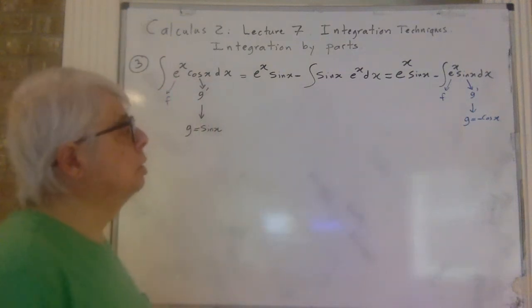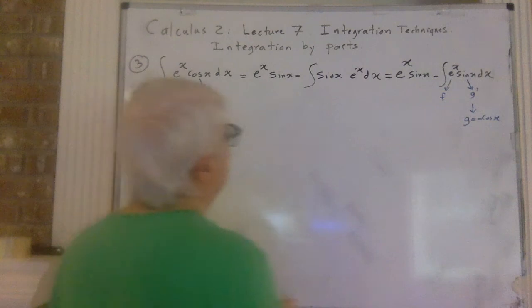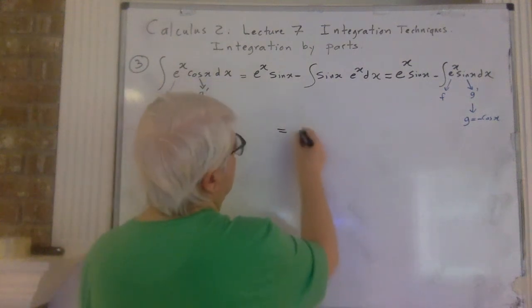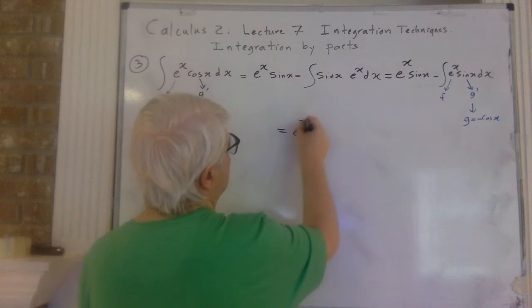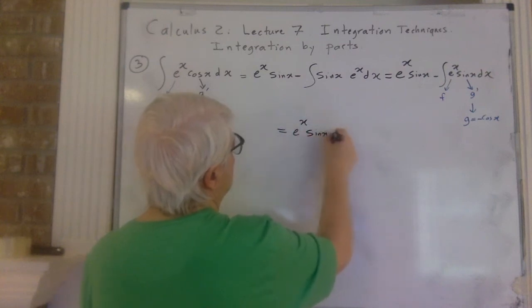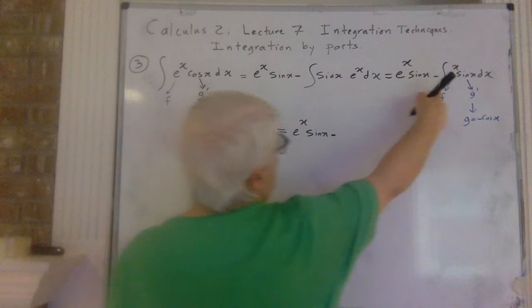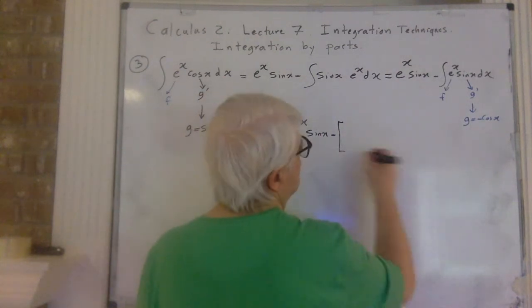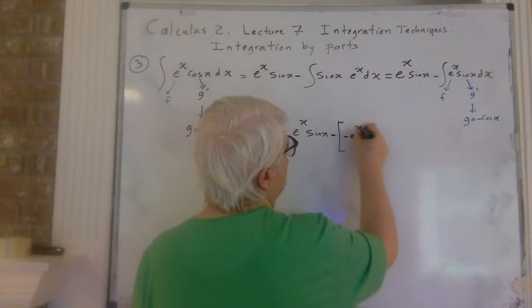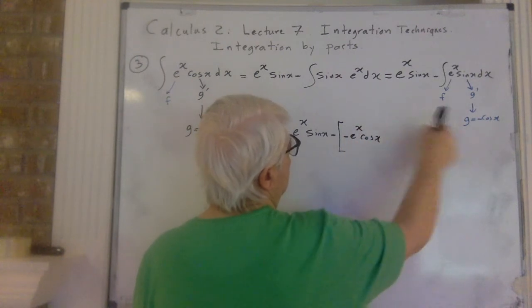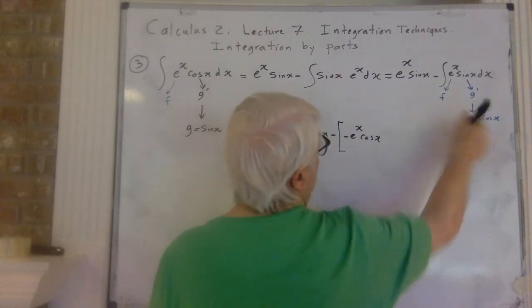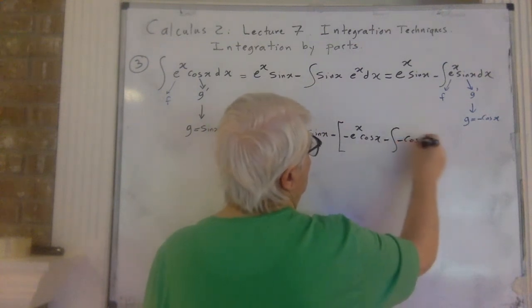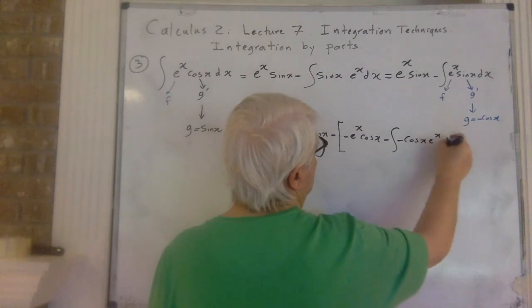So I have e to the power x sine x minus this. Let me put it in brackets. It is fg, that is minus e to the power x cosine x, minus the integral of minus cosine x e to the power x dx.